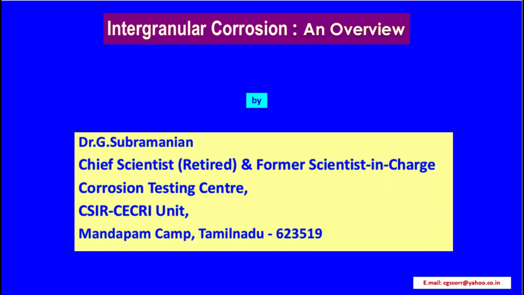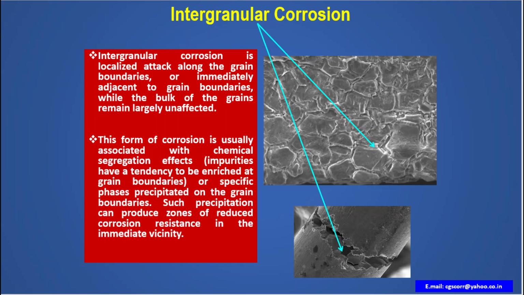The coming 3 slides explain this behavior, intergranular corrosion, in a lucid and simple manner. Intergranular corrosion is localized attack along the grain boundaries or immediately adjacent to the grain boundaries, while the bulk of the grains remain largely unaffected.